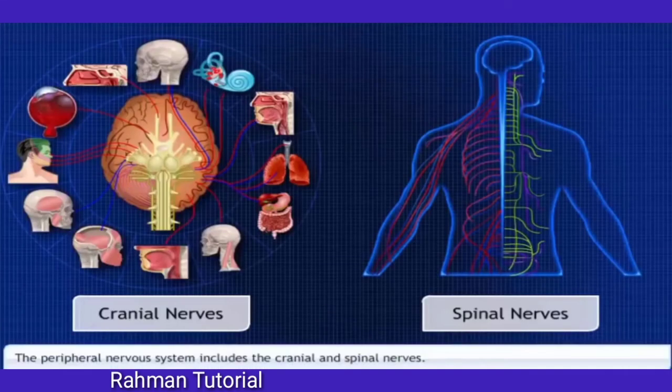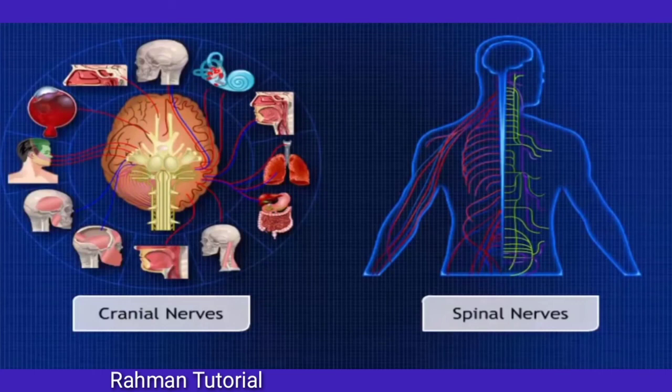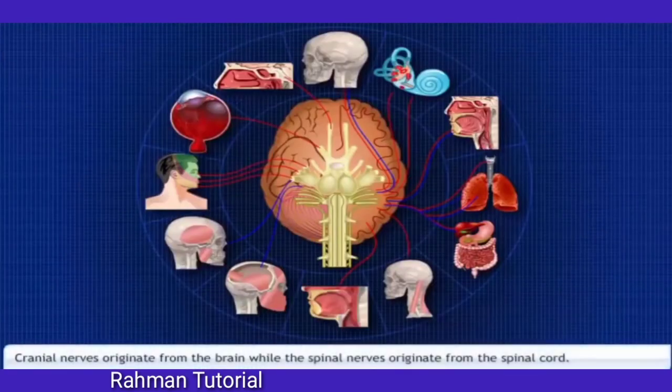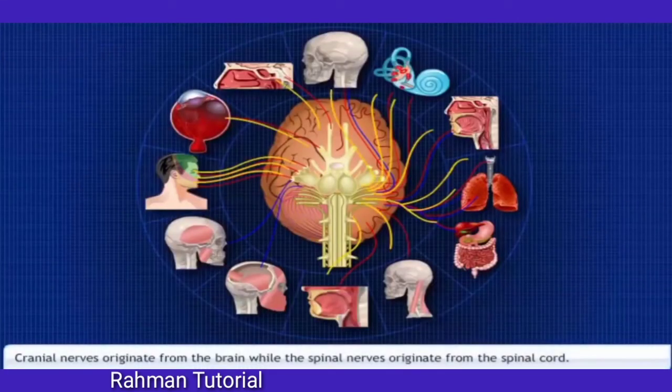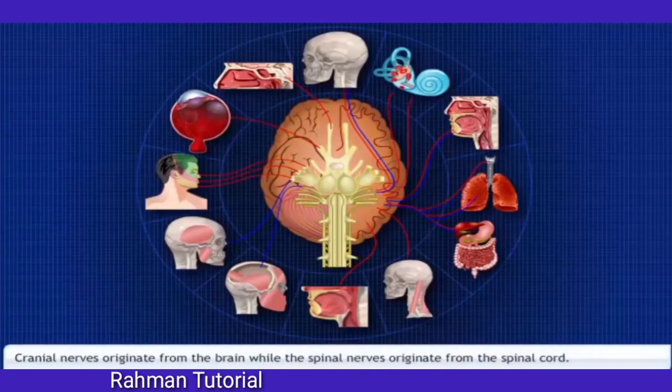The peripheral nervous system includes the cranial and spinal nerves. The cranial nerves originate from the brain and a few cranial nerves carry impulses to and from the central nervous system. Some cranial nerves are mixed while the rest are sensory and motor nerves.